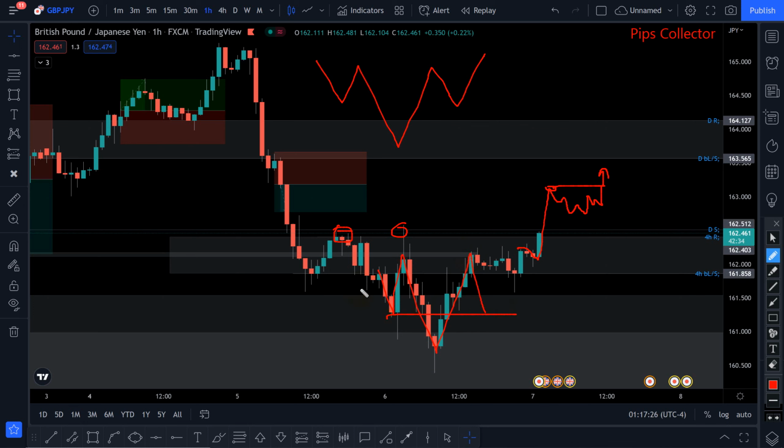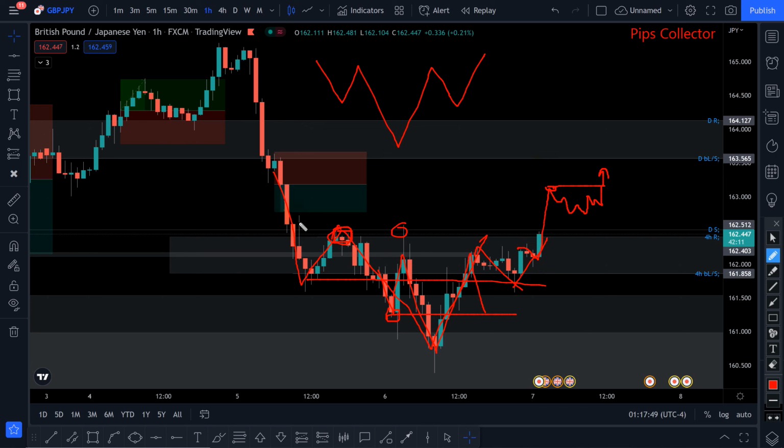But since price did not dip to this level, what we are looking at is this, which is this level now. So if it retests this high, then a continuous bullish rally will indicate that price wants to go further.